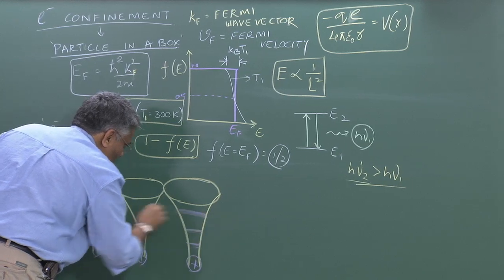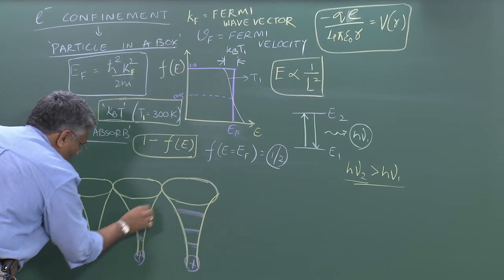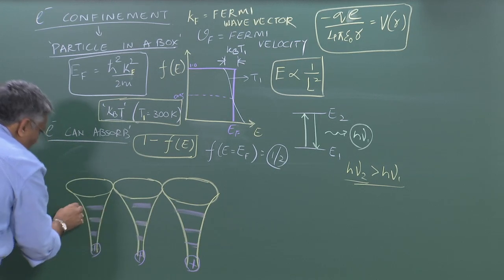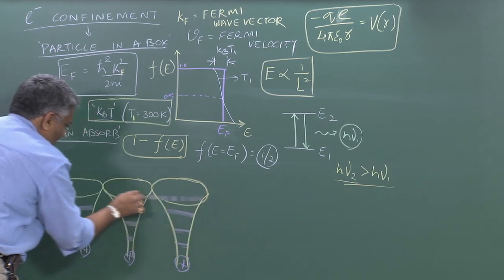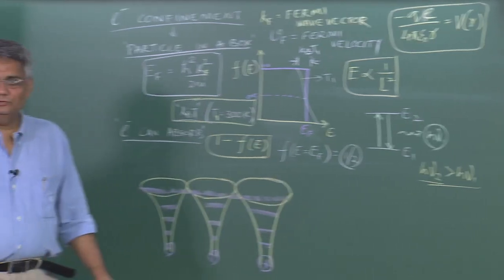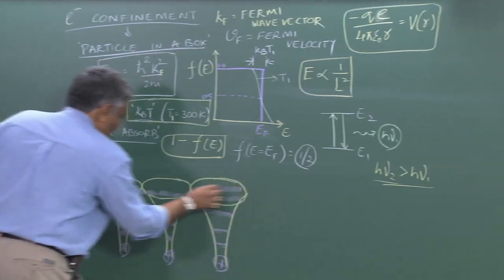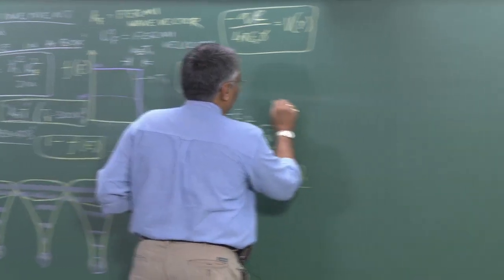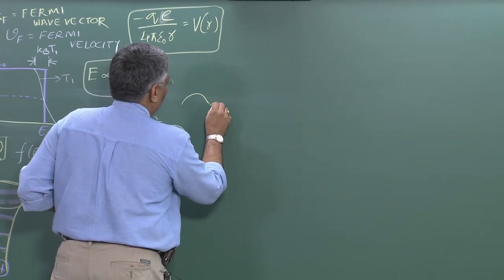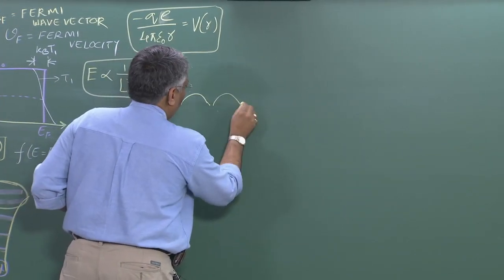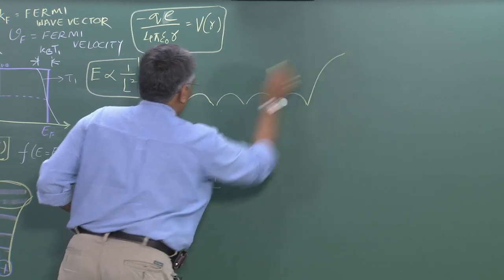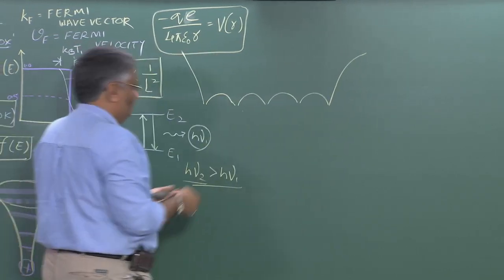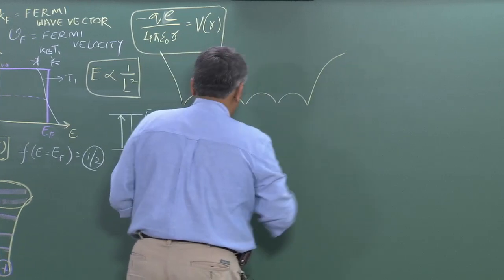You have these different levels. You can see that the continuum is happening there, the energy continuum. You can also represent it in this way. This is a potential from the solid.